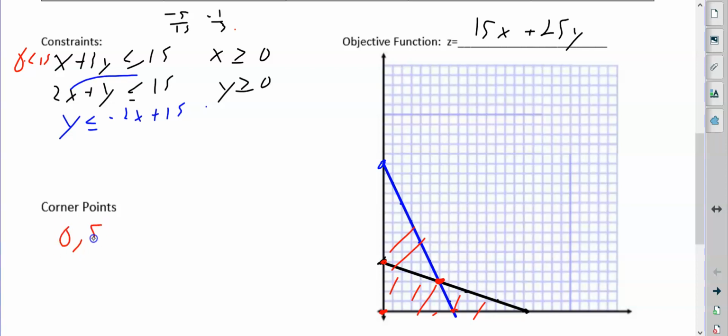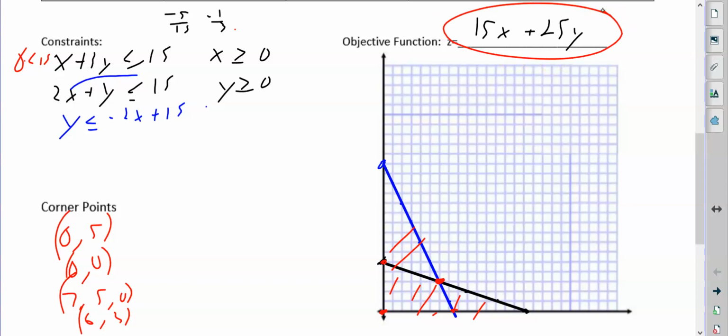So we have 0, 5, we have 0, 0, we have 7.5, 0, and we have 6, 3. And we're going to plug it in to this. So 0 makes the 15 go away, so that's 5 times 25, which is 125.